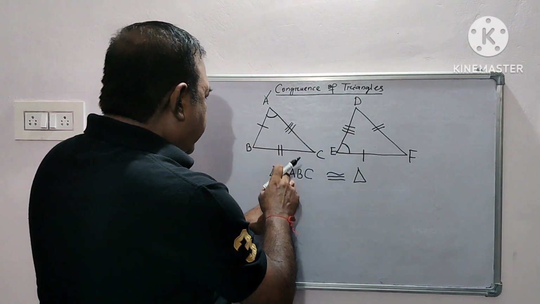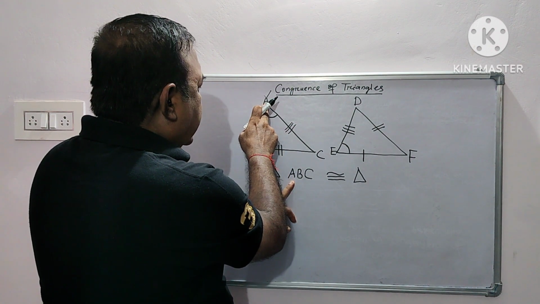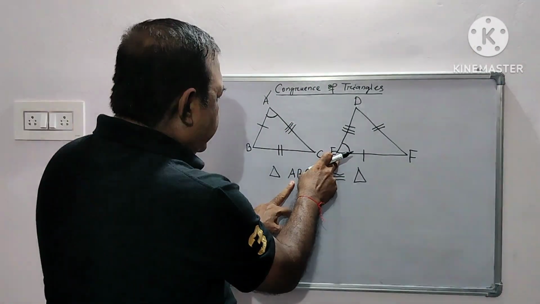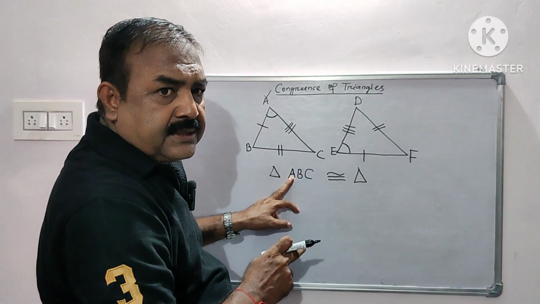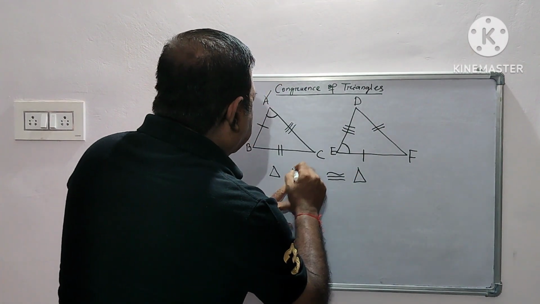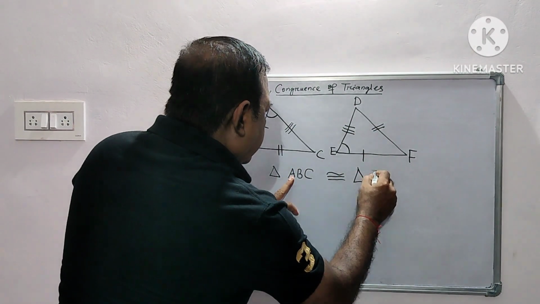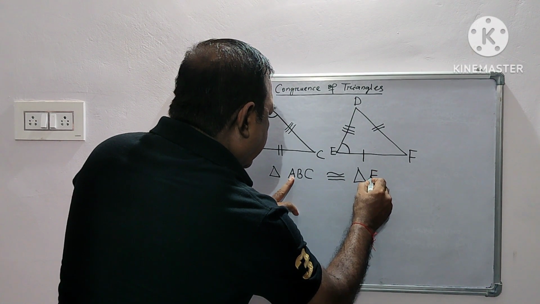How? Here it is the vertex of the point A. You see the vertex A will match to vertex E. So the first letter of triangle ABC is A, so you write A matches to vertex E of the triangle.